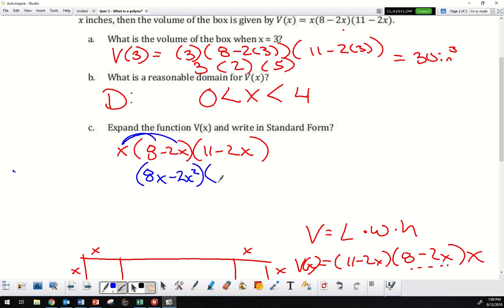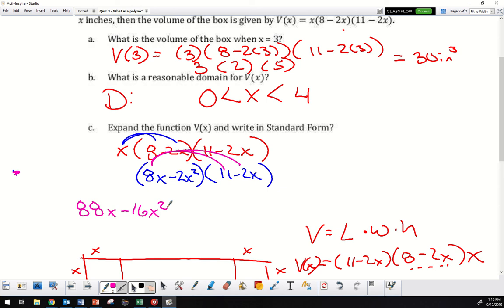And I still have to do this one right here, which is 11 minus 2x. So now I'm going to change colors on this one. Let's go ahead and do my distribution here. 8x times 11 is going to be 88x, and then 8x times negative 2 is negative 16x squared.